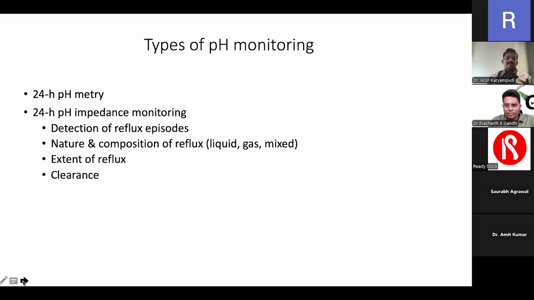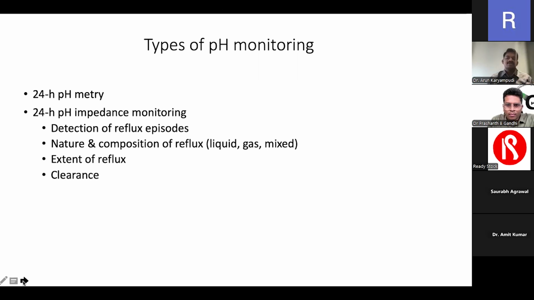If you look at the types of pH monitoring, there are two types. You do only a simple pH study, or you can combine impedance with pH, which is called pH impedance monitoring. A simple pH study can be done by different methods.